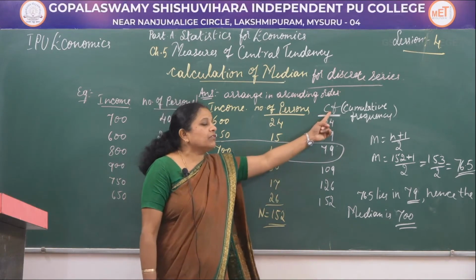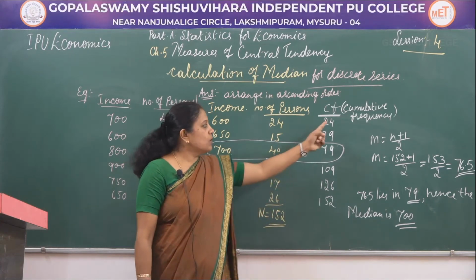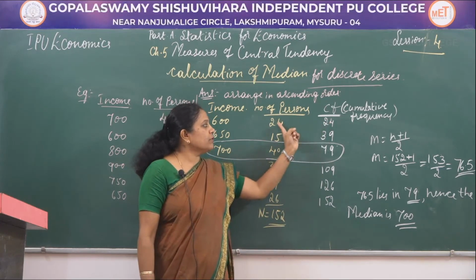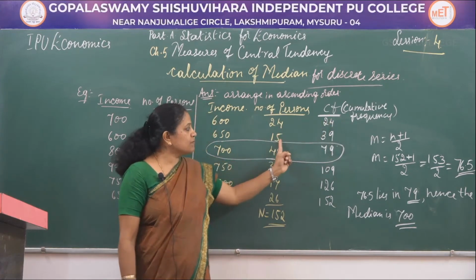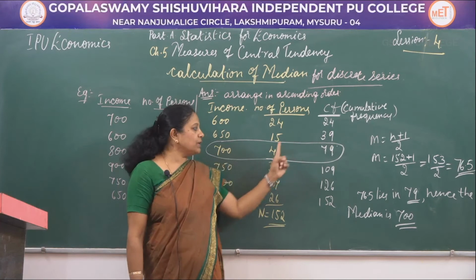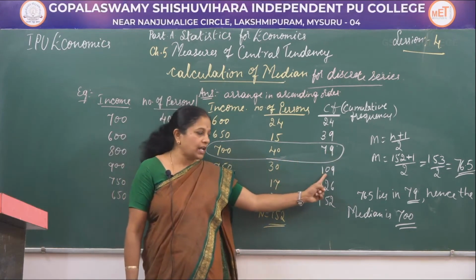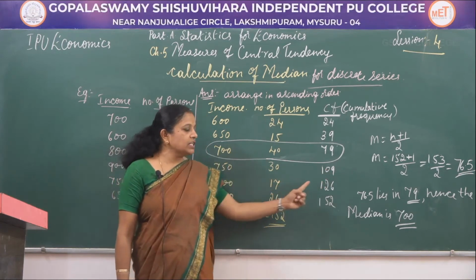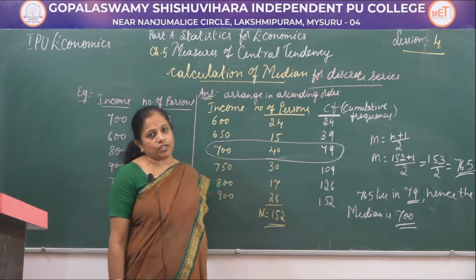So cumulative frequency is nothing but adding up the next numbers. So 24 is here and 24 is as it is taken here. So 24 plus 15 is 39, 39 plus 40 is 79, 79 plus 30 is 109, 109 plus 17 is 126, and 126 plus 26 is 152.